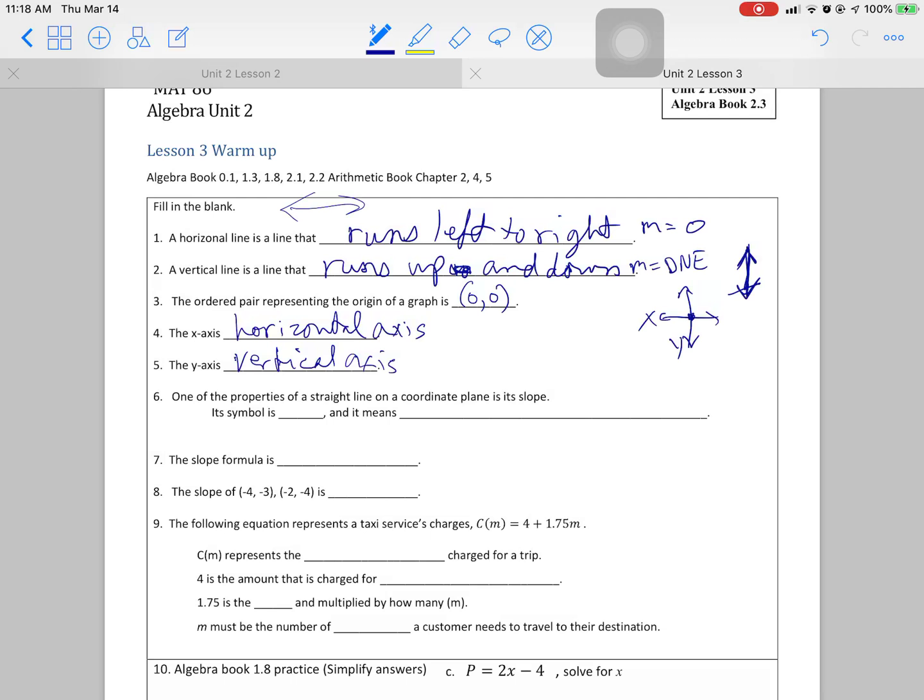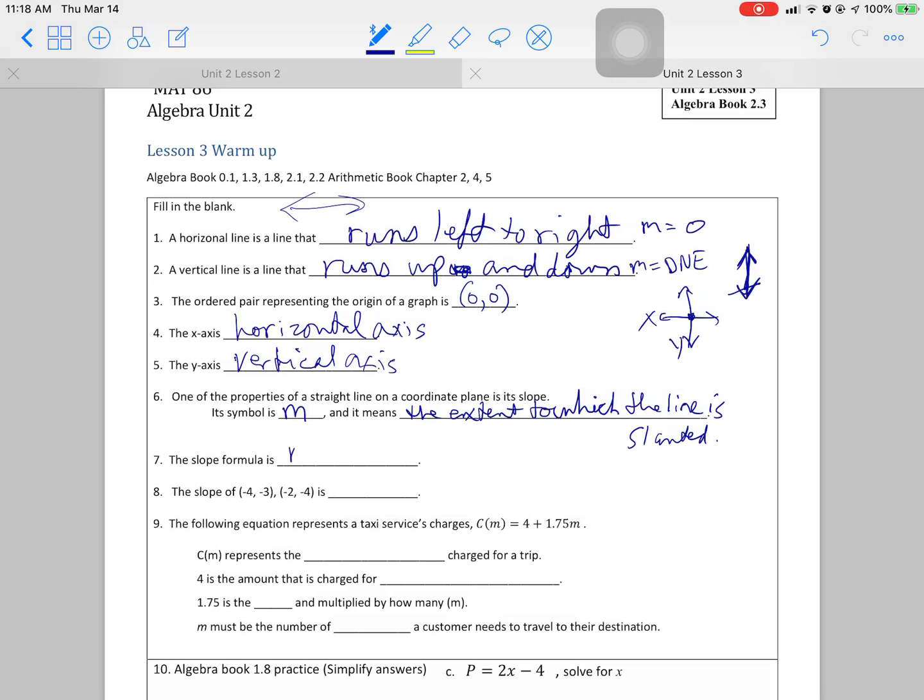Gotta know those. One of the properties of a straight line on a coordinate plane is its slope. Its symbol is an M. It means, however you want to word it, the extent to which the line is slanted, tilted, however you want to say that.